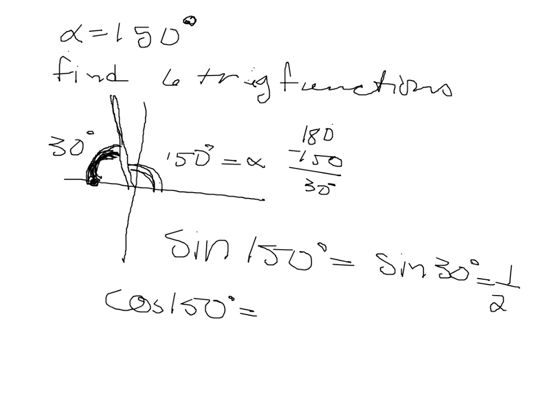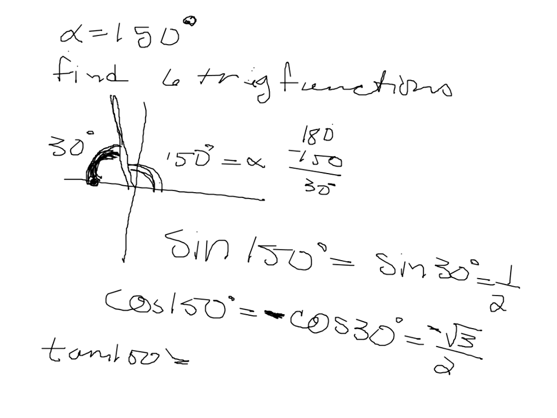Cosine of 150 is going to be, now in quadrant 2, cosine is negative, sine is positive, so I didn't do anything here, but here cosine is negative, so cosine of 150 degrees equals minus cosine of 30 degrees. And cosine of 30 degrees is square root of 3 over 2. So cosine of 150 degrees is minus the square root of 3 over 2.